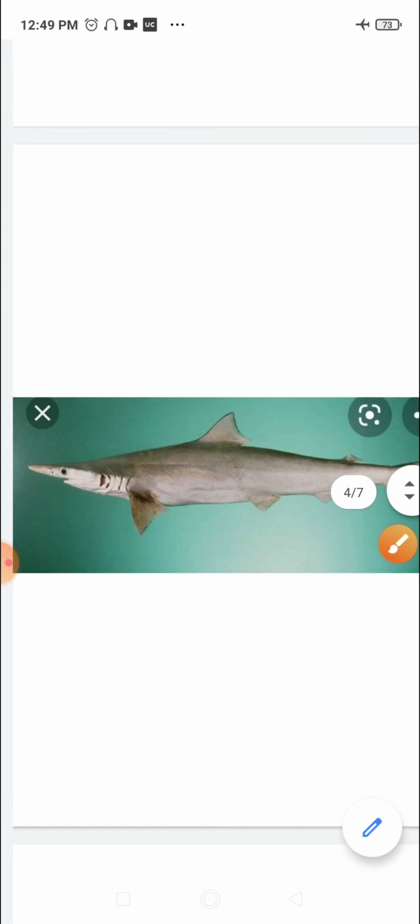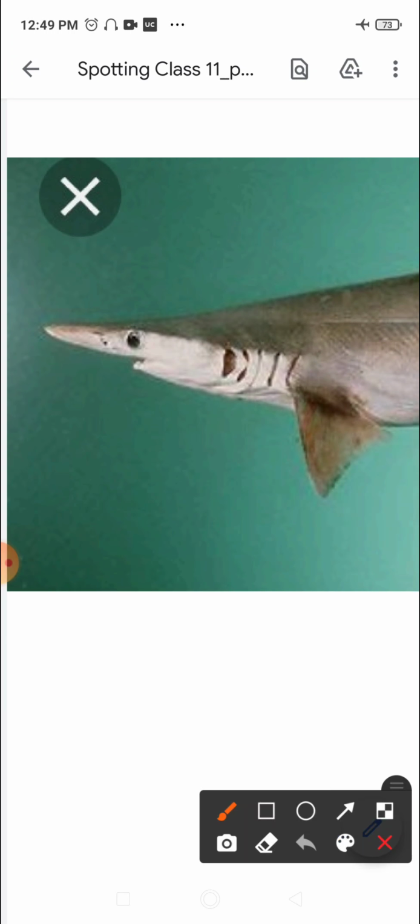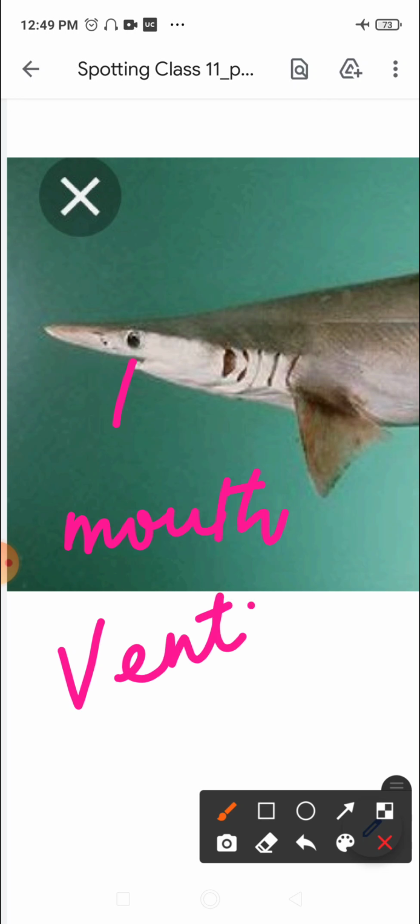Now if I enlarge this figure here, this is the mouth region, right? And we see that the mouth is positioned below the snout, right? So when it is below the snout, we say that the position of the mouth is ventral, right?